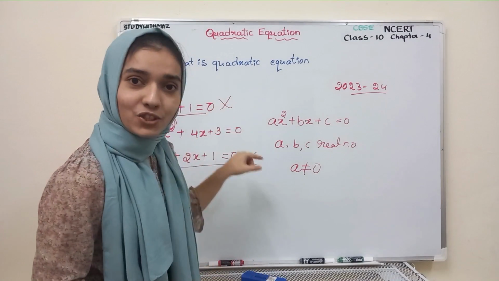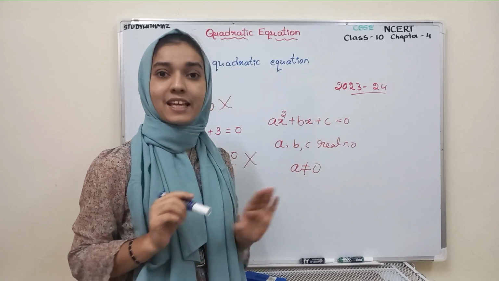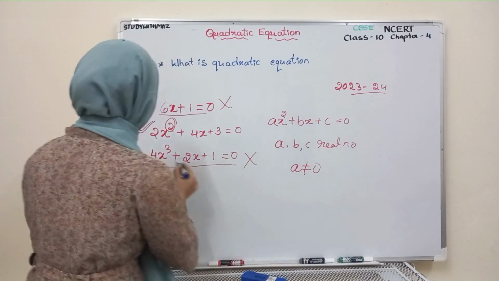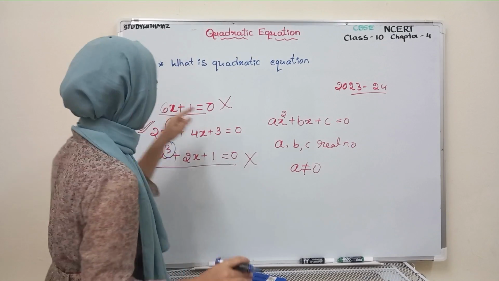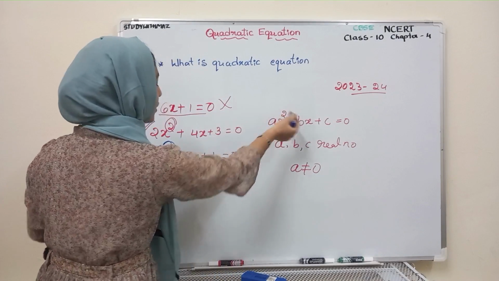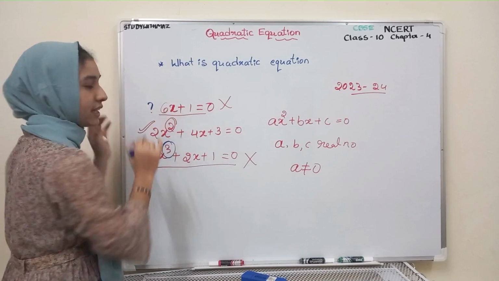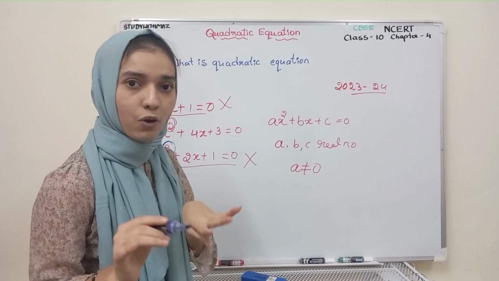The equation of the form ax square plus bx plus c equal to 0 होना चाहिए. इसमें क्या है? पावर 3 है, so it is not a quadratic equation. तो इसमें x square, x power 2 वाला portion है ही नहीं, which is absent. So this is not your quadratic equation. I hope now it is clear.